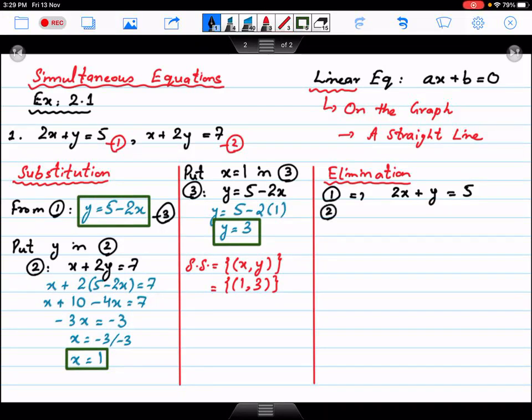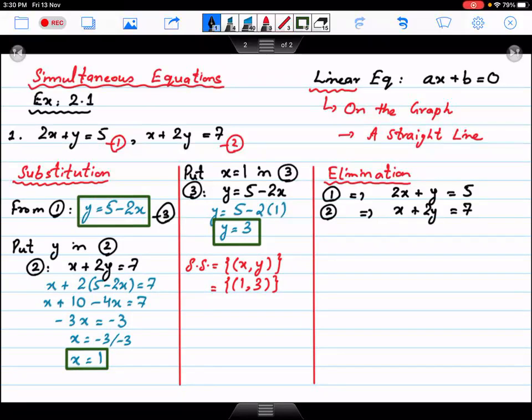When I take a look at equation 2, it is x plus 2y is equals to 7. So I have two options. Either I can eliminate x, or I can eliminate y. To eliminate x, the coefficients of x must be same. To eliminate y, the coefficients of y should be same. We can eliminate any of the variables.